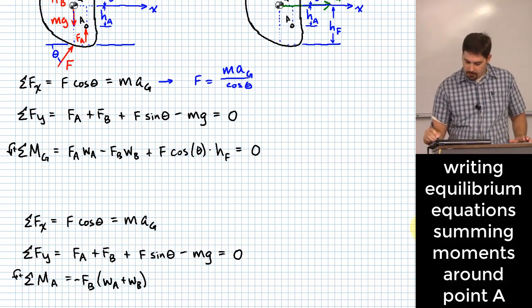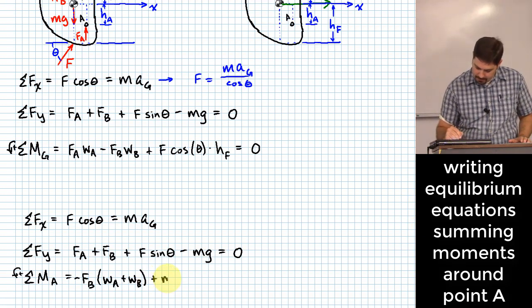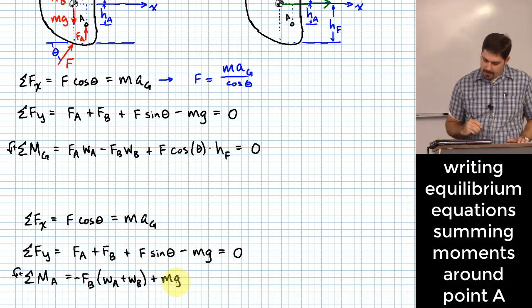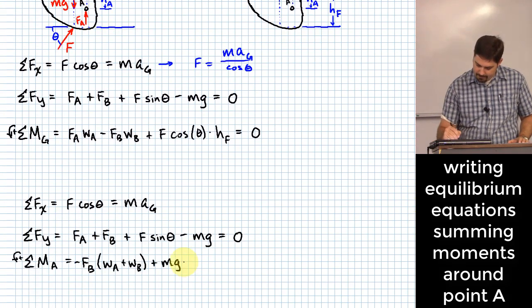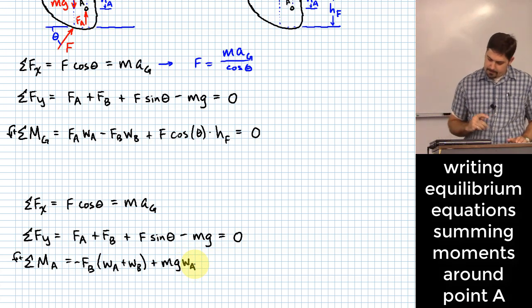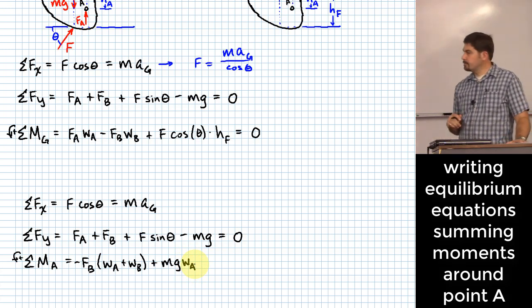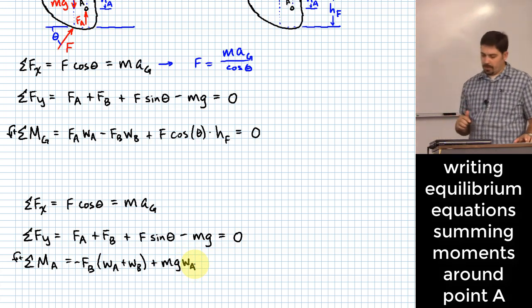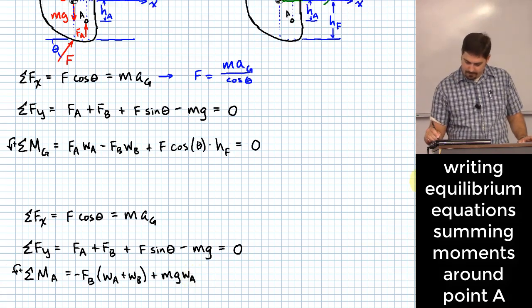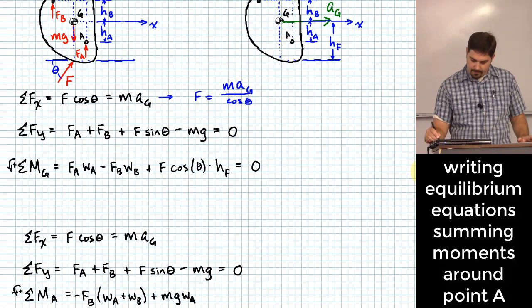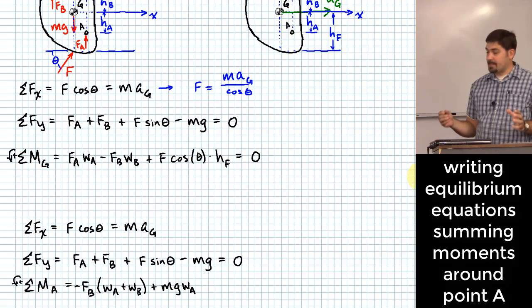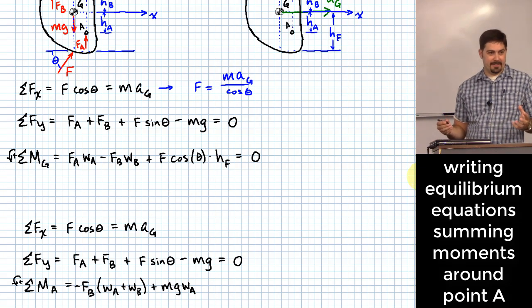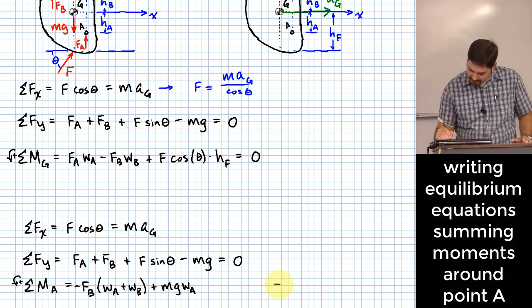MG would be a positive mg times WA. All right, what else? Well, one thing we know is that it's still not accelerating angularly, right? So over here, I can just say this is going to be equal to 0.